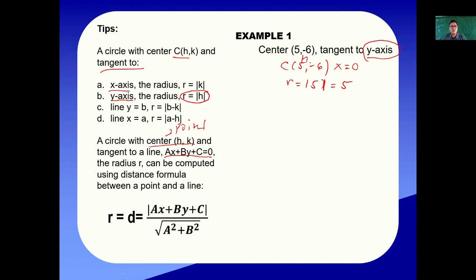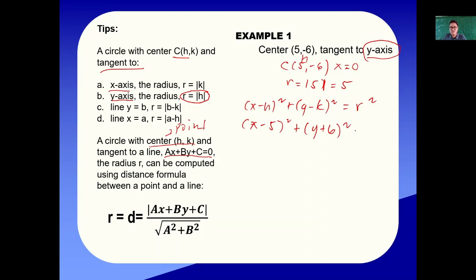Now, paano natin makukuha ngayon yung standard equation ng circle? We have (x minus h) squared plus (y minus k) squared is equal to r squared. Given na yung center natin, right? x minus, what is our h? 5 squared plus y, what is our k? That is negative 6. Negative times negative 6, that is positive 6 na.